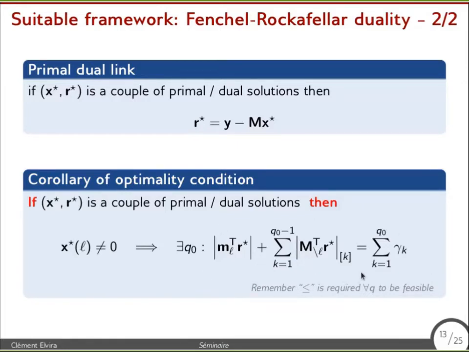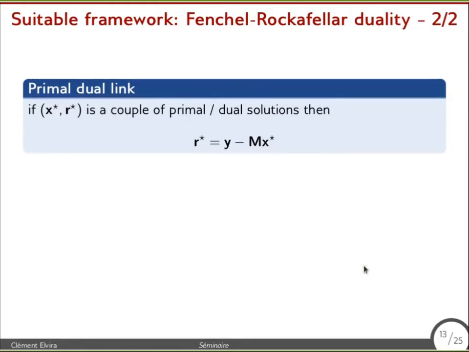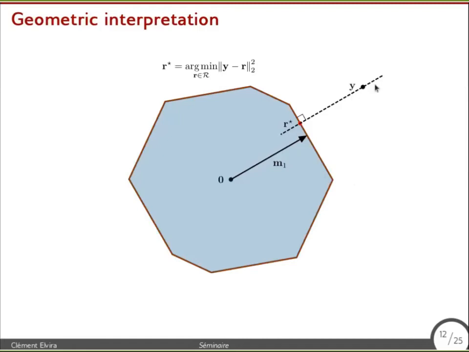If you have a closer look at this equality, it tells you that if the l-th entry of X star is non-zero, then, coming back to the previous slide, necessarily my Y is projected onto one of the hyperplanes generated by the column M1. Here M1 generates this hyperplane. It also generates this one. And what it tells you is that if X star of l is non-zero, then necessarily R star is on one of the two hyperplanes.